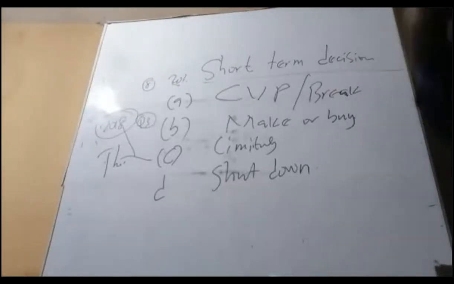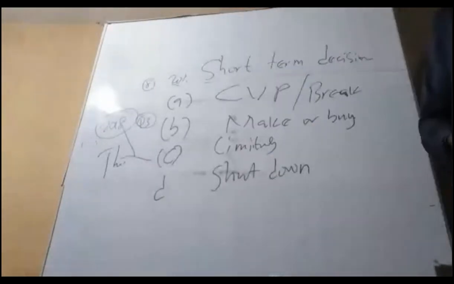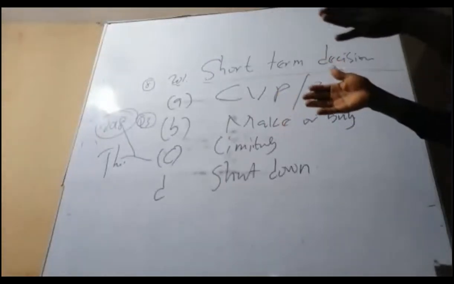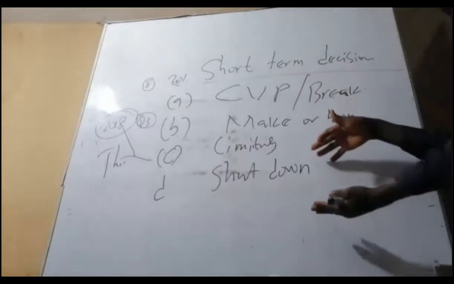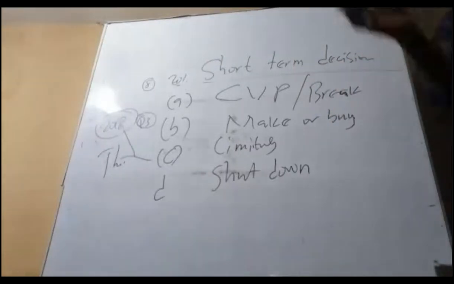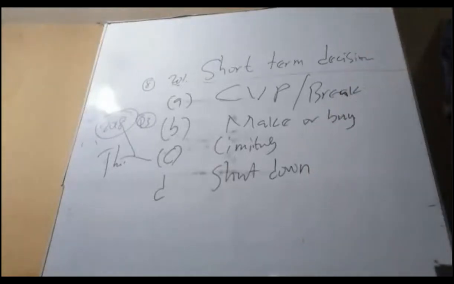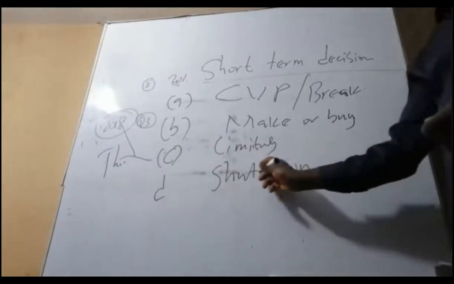No. As a management accountant, you have to provide information beforehand. Provide information that when you close it, this is what will happen, this will be the effect. When you allow it to run, this will be the effect. Now decide. Are you going to run it, or are you going to shut down or cease producing? So that is it.